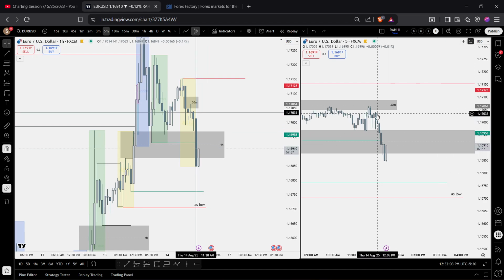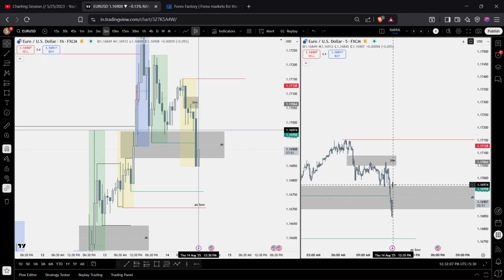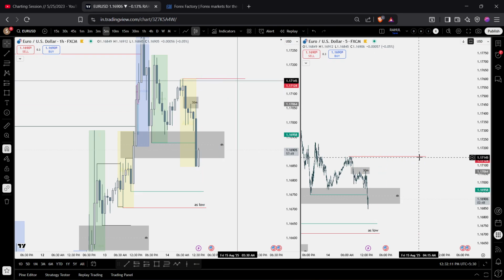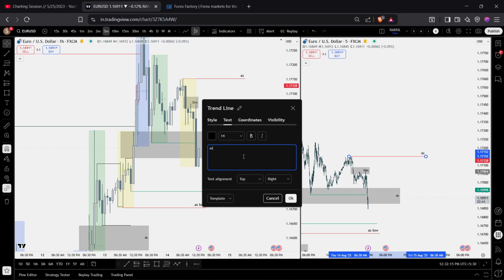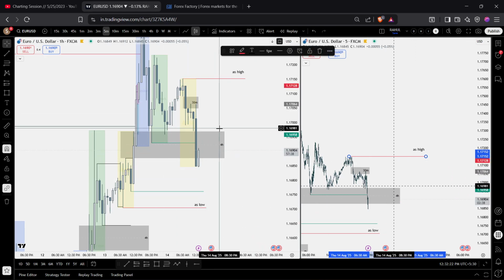It doesn't mean anything. The only liquidity that can be taken is the Asian high, the nearest draw. But most likely we will see some sort of manipulation to the downside if we do see a bullish order flow.